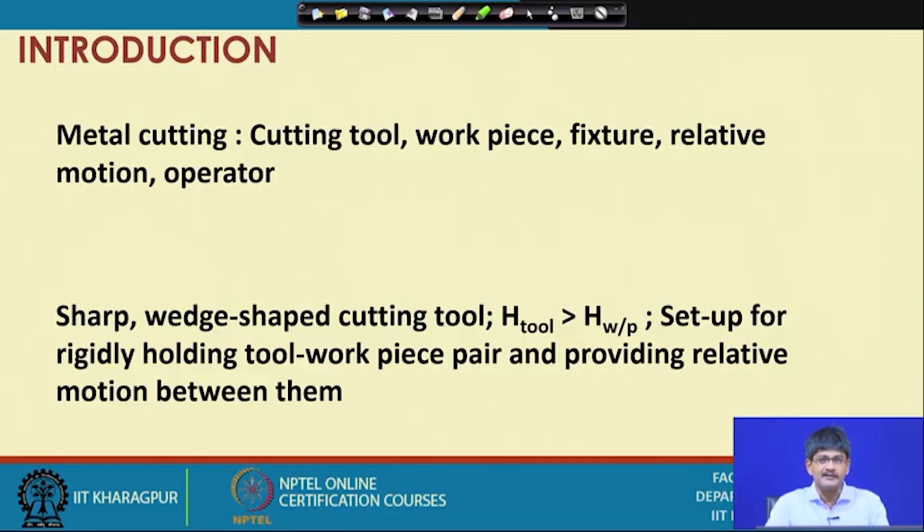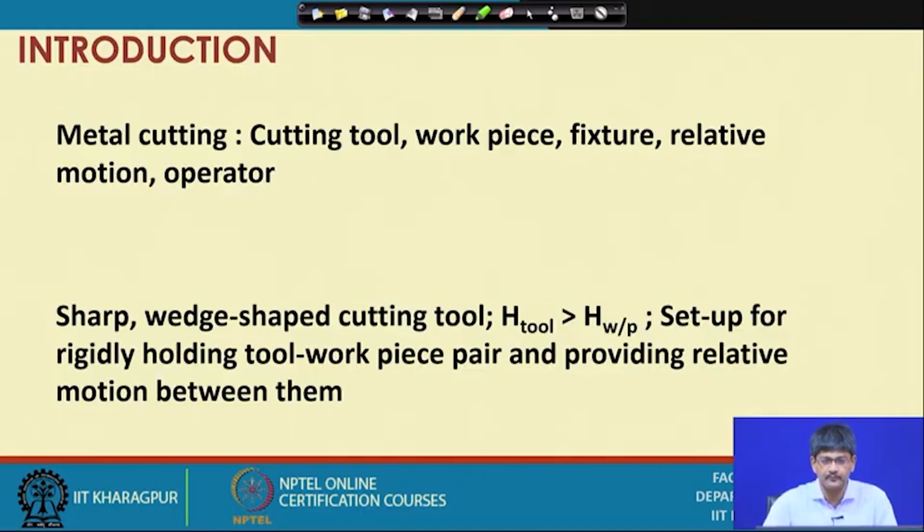Generally, it should be at least 1.3 times the hardness of the workpiece, and there has to be a setup for rigidly holding the workpiece and the tool pair, and relative motion has to be provided between them. Why does the cutting tool have to be wedge shaped and why does it have to be sharp? What is the necessity of such a particular shape?